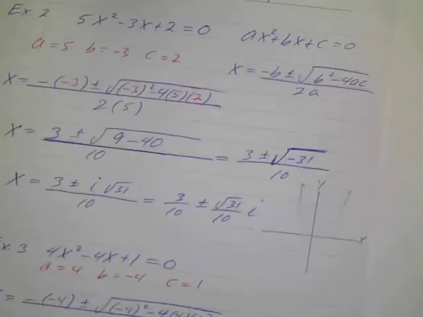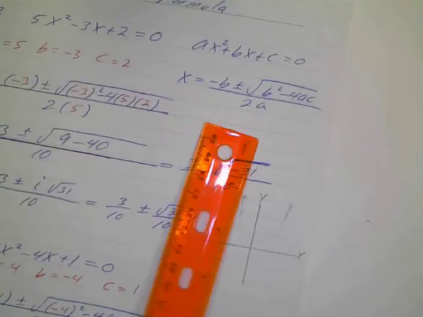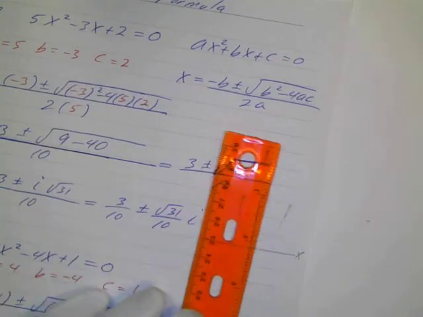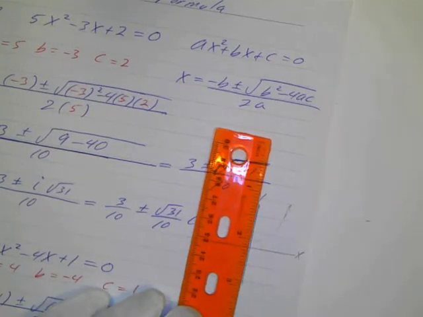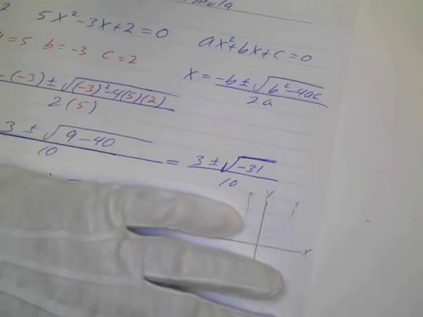So if I was going to graph this, what's it going to look like if I've got one root? One time it touches the x-axis. Well, I kind of answered my question there, didn't I?